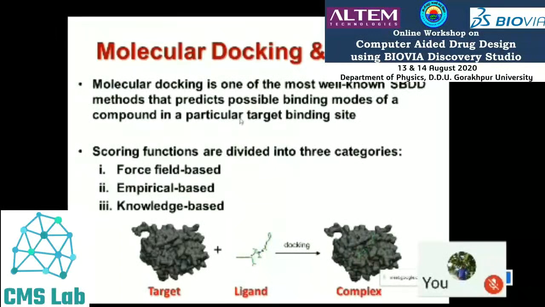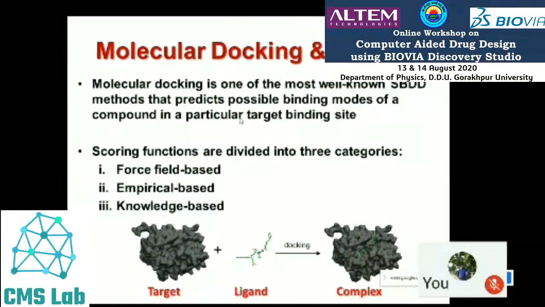This force field based scoring function uses information from the physical contacts, the atomic contacts. When the drug binds to the protein, there are physical atomic interactions, so it uses that information to estimate binding affinity.